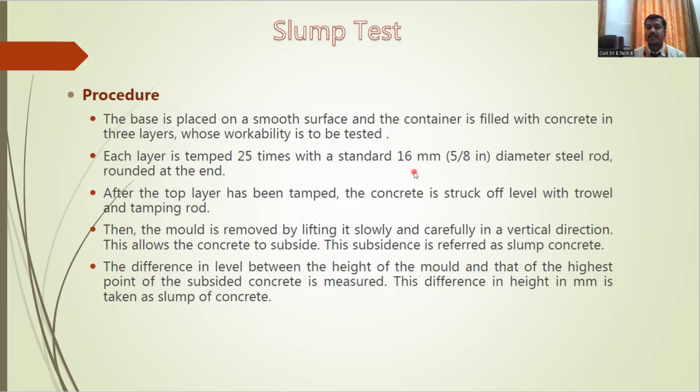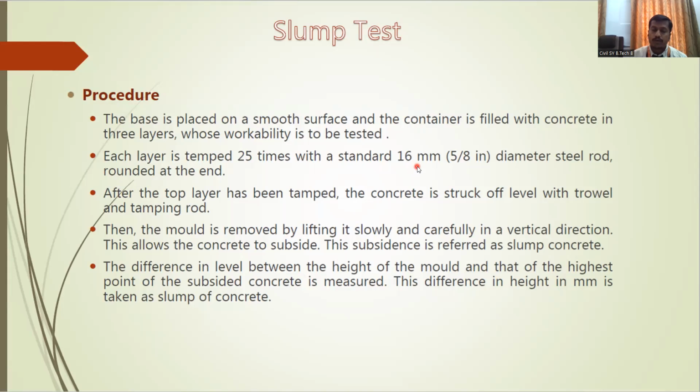A procedure that is to be followed to do this experiment. At first, you are going to fill the concrete into that slump cone in 3 different layers by giving 25 blows to each layer. ठीक आहे. प्रत्येक लेयर मध्ये आपल्याला तो कोन फिलअप करायचा आहे. प्रत्येक लेयरला तुम्ही 25 ब्लोज देणार आहात. ठीक आहे. तुमचा जो टॅम्पिंग रॉड असणार आहे, with the help of that tamping rod, you are going to compact that concrete.